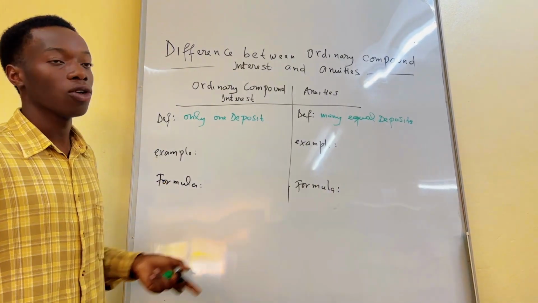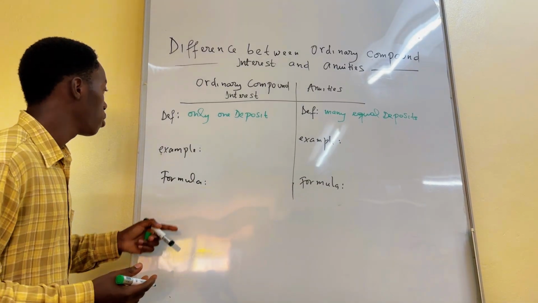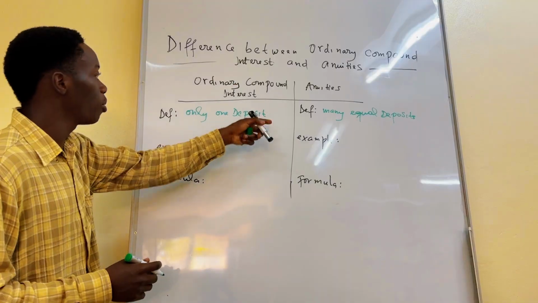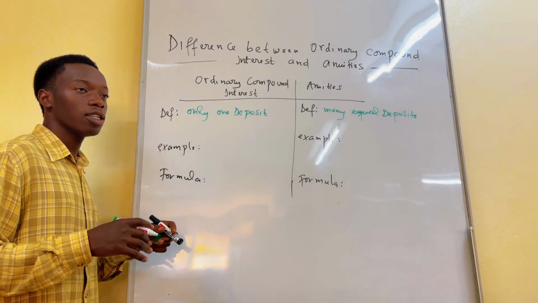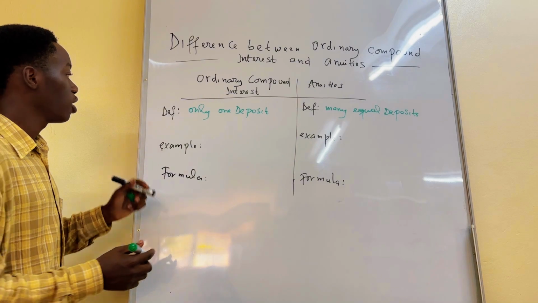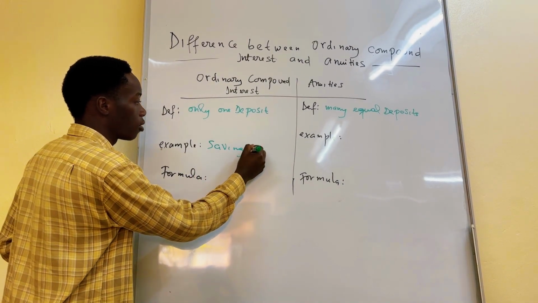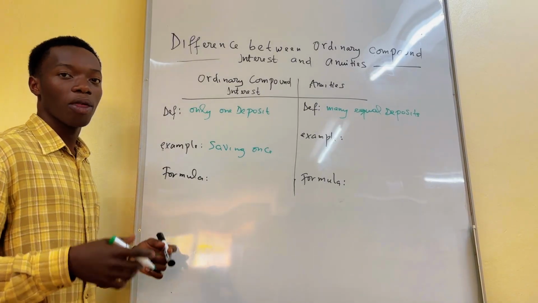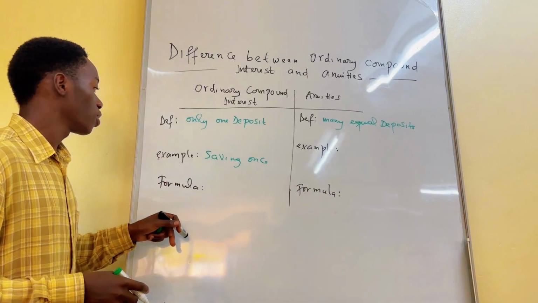If we take a simple practical example, for ordinary compound interest we can say saving an amount of money only one time. For example, you can save 1K at the beginning of the year.